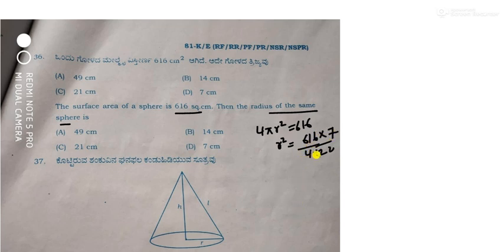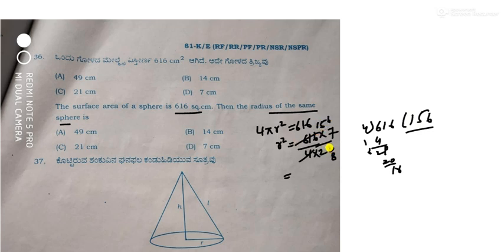Okay, so on solving, how much will you get? This 22 into 8 if you do, 8 twos are 16, 1 carry. Okay, it can't be solved this way. So if you divide 616 by 4, 4 ones are 4, 4 fours are 16, so this becomes 154.